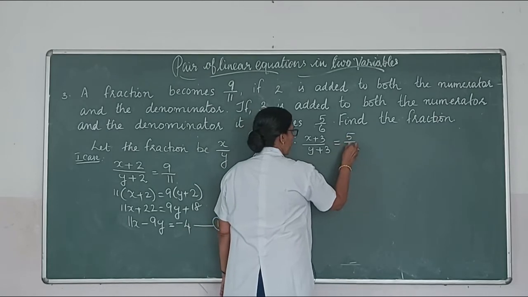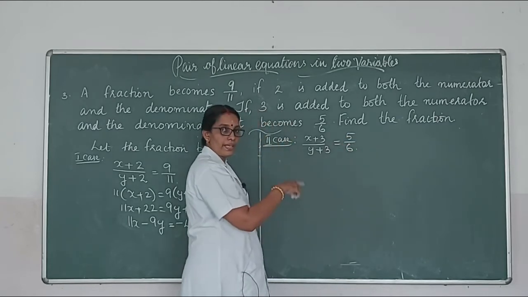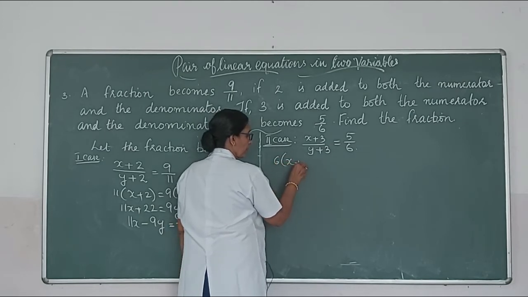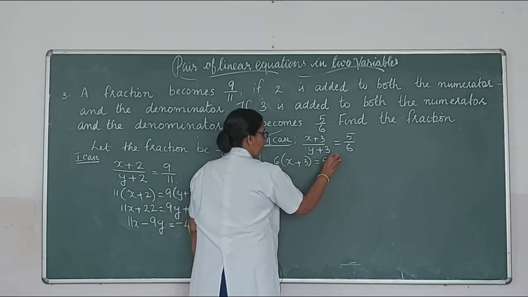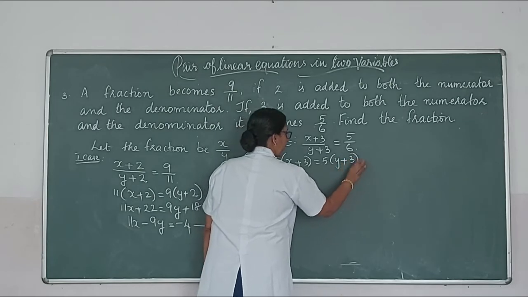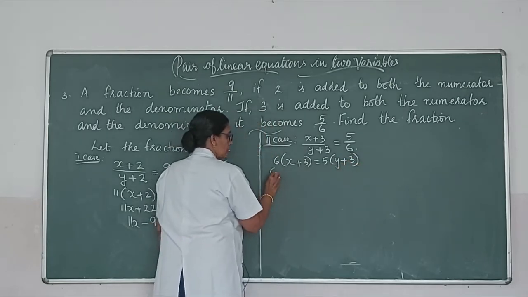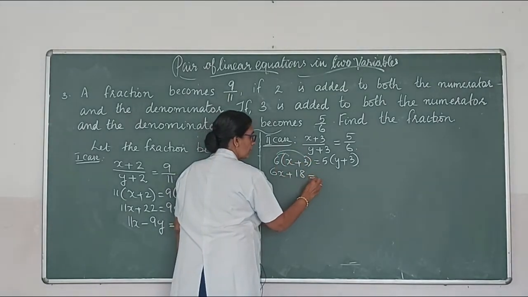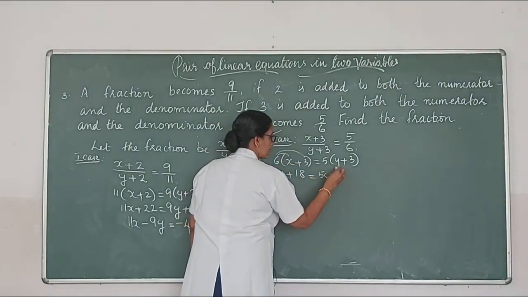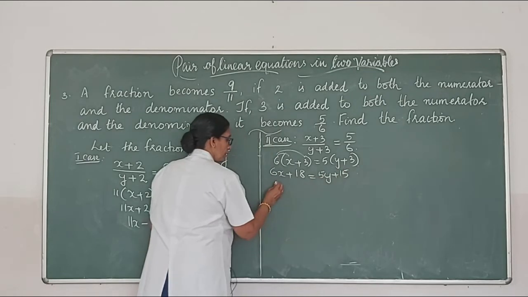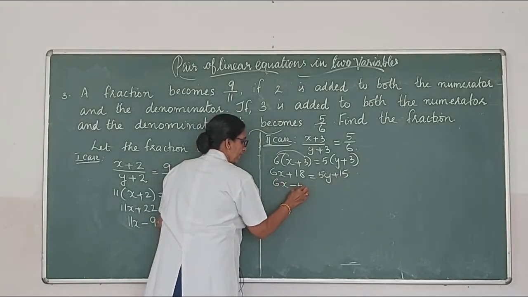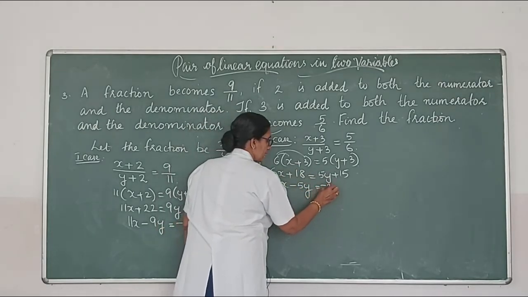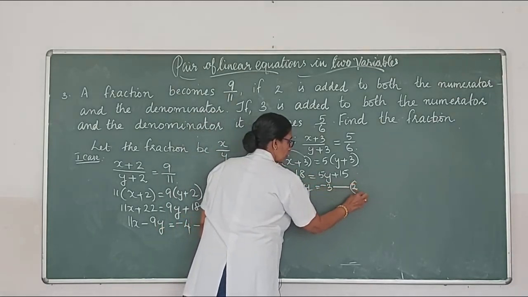So, it is 5 by 6. Same procedure, cross multiplication: 6 into x plus 3 is equal to 5 multiplied by y plus 3. So, 6x plus 18, isn't it, equal to 5y plus 15. So, 6x minus 5y equal to 15 minus 18, it is minus 3, equation 2.